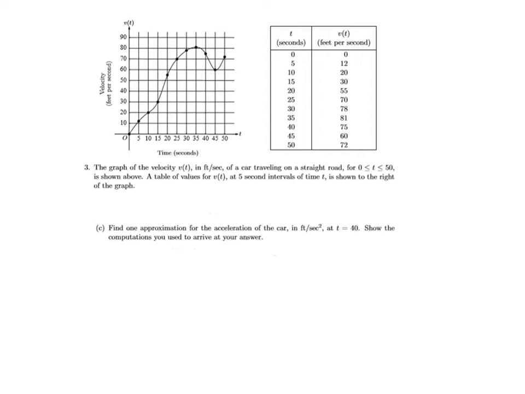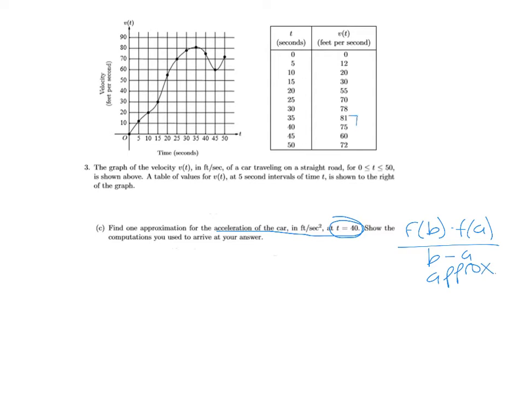C, find one approximation for the acceleration at t equals 40. So we're approximating the derivative. Approximating the derivative, again, is like f of b minus f of a over b minus a. Whenever you're approximating, this is always an approximation. So I'm going to pick something where 40 is in the middle.